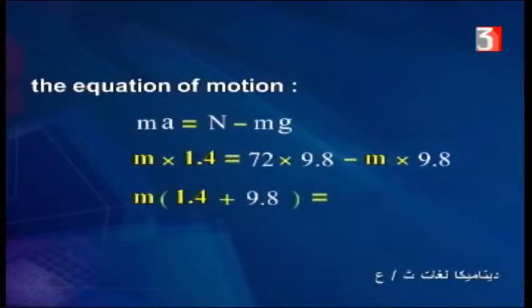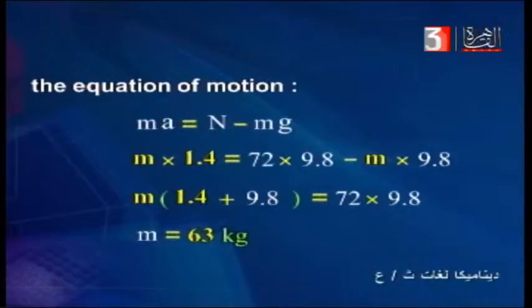Then m multiplied by 1.4 plus 9.8 equals 72 times 9.8. Then 11.2 m equals 72 times 9.8, and the mass m equals 63 kilogram.